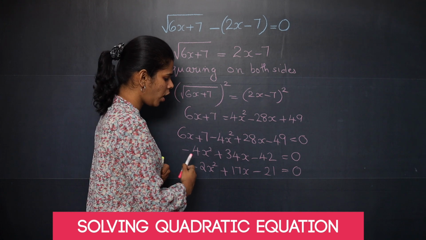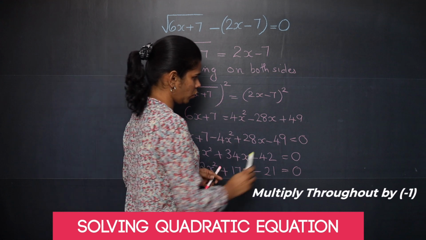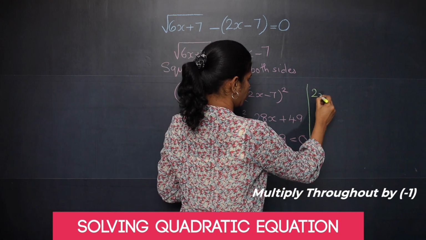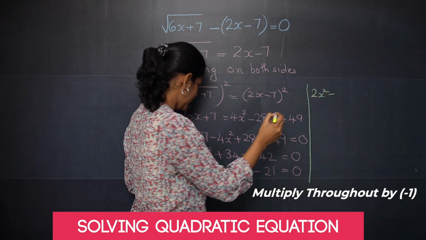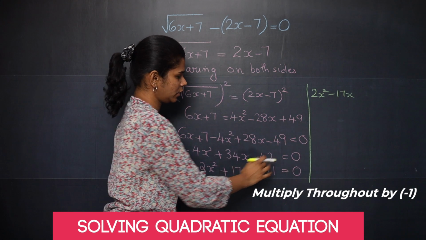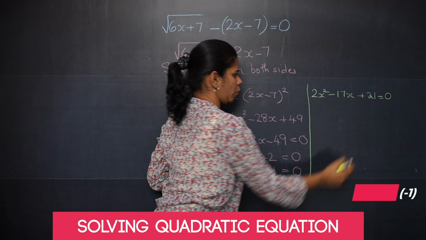So what I will do? I will multiply throughout by negative 1. So I will get 2x square minus 17x plus 21 equal to 0.